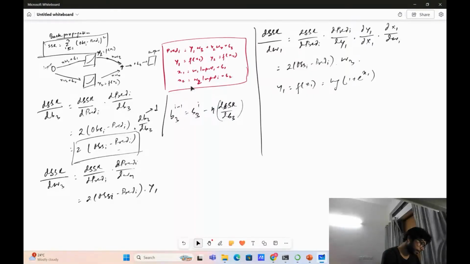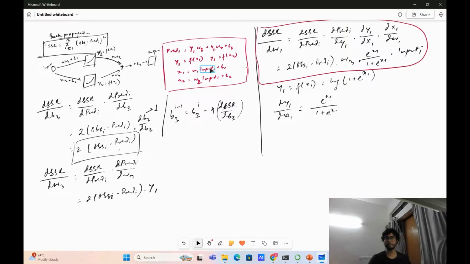So derivative of y1 with respect to x1 is e to the power x1 divided by 1 plus e to the power x1, right? So we put here e to the power of x1 divided by 1 plus e to the power x1. What is the derivative of x1 with respect to w1? So if you see this here, it's just input i times input i, right? So this is the derivative. So this is what you should understand, right?